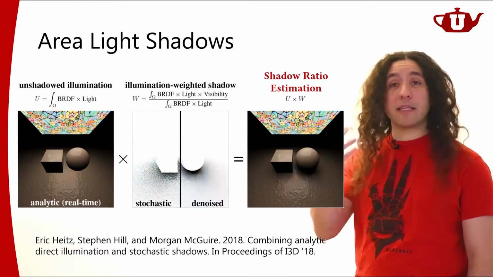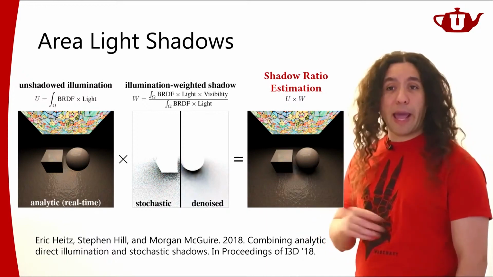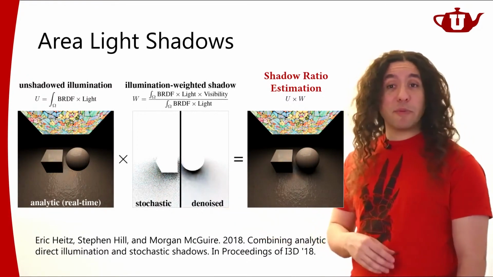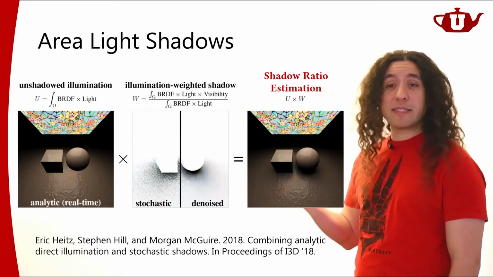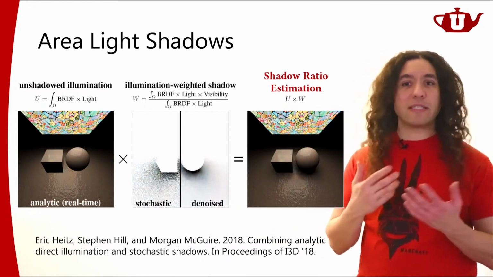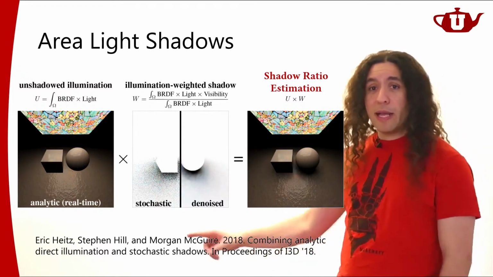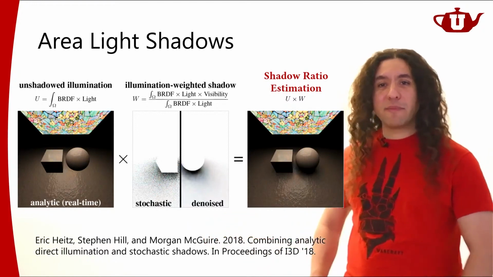So this method is doing stochastic sampling for estimating the shadow. You basically randomly pick some points on the light sources and send shadow rays. And you can implement it on the GPU today. And you trace these rays and you have some noisy shadow estimate, because that's what you would get with stochastic sampling, Monte Carlo sampling. And then we apply some denoising and you get a shadow image.